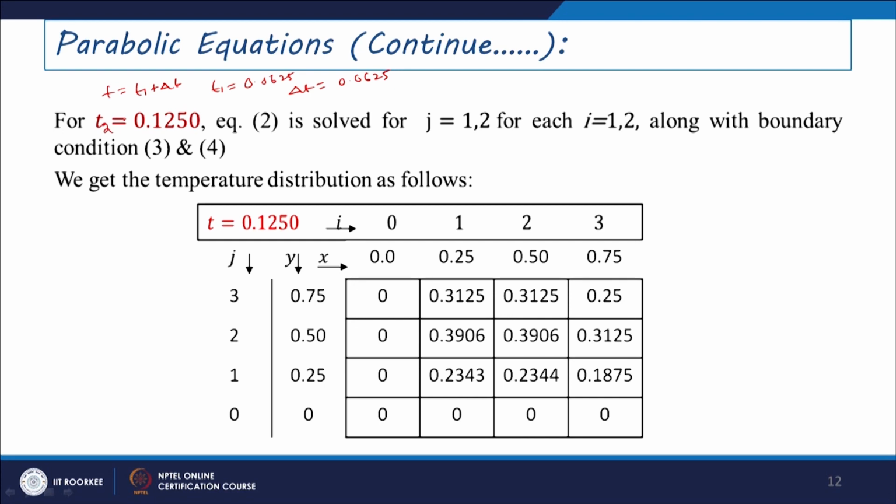If we go for the calculation of temperature here, for the first coordinate we get 0.2343, for the 2,1 coordinate we get 0.2344, and for the third coordinate we get 0.1875.